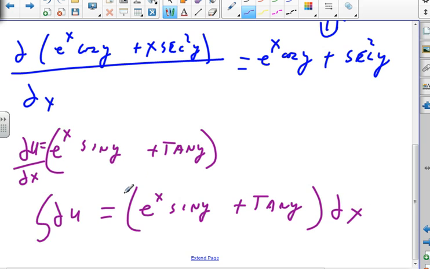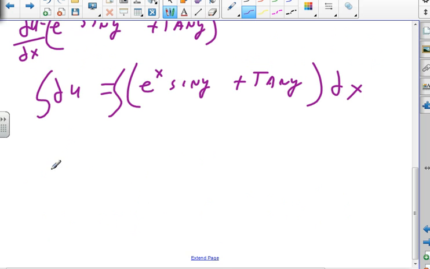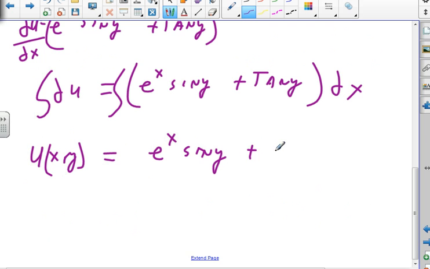I'm going to integrate both sides. U of xy is equal to e to the x sine y plus x tangent y plus some constant in y only.